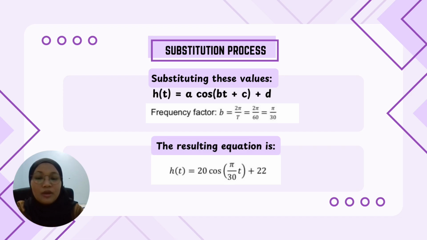Substituting the period of 60 seconds gives a value of pi over 30. Finally, all the values are substituted into the model to obtain the complete equation that represents the height of the passenger as a function of time.